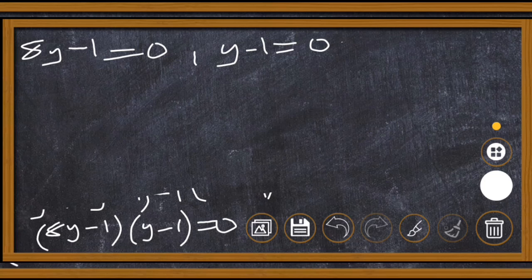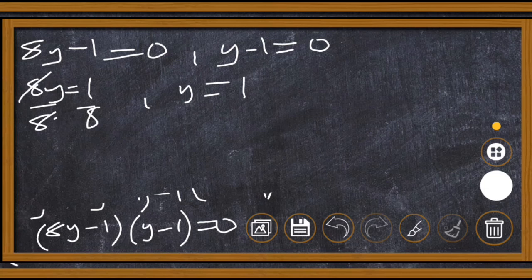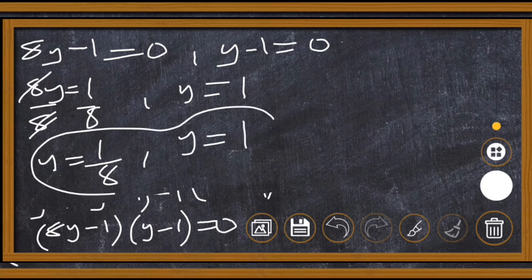So let's take 1 to the right side. We're going to have 0 plus 1, it's 1. And then here, when we take 1 to the right side, 0 plus 1, it's 1. And then here we divide both sides by 8. Okay, we're going to have y equals to 1 over 8. And then here we're going to have y equals to 1. Okay, so these are the values of y.